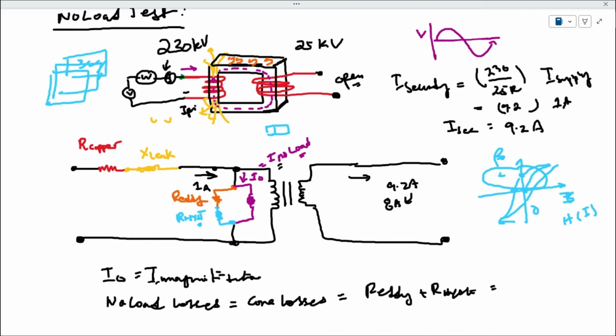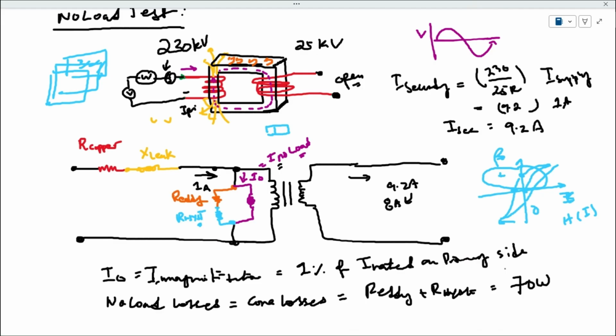And sometimes when you read the manufacturer's data, they would just say that both of these losses are, let's say, 70 watts. And then for magnetization, they will say in percentage, like this is 1%, and that's just 1% of I rated on the primary side.